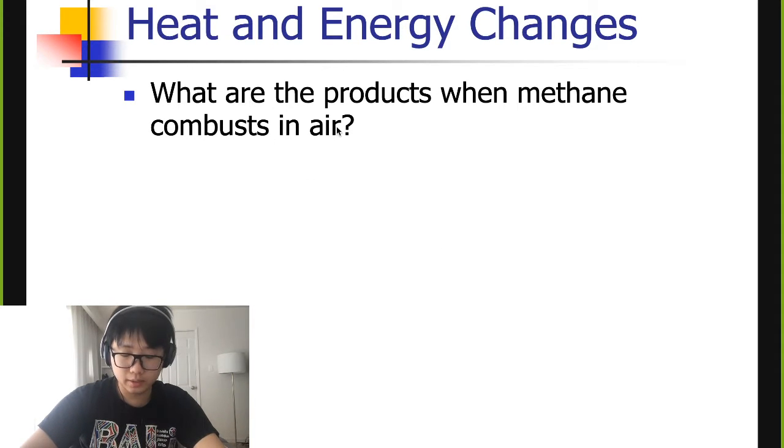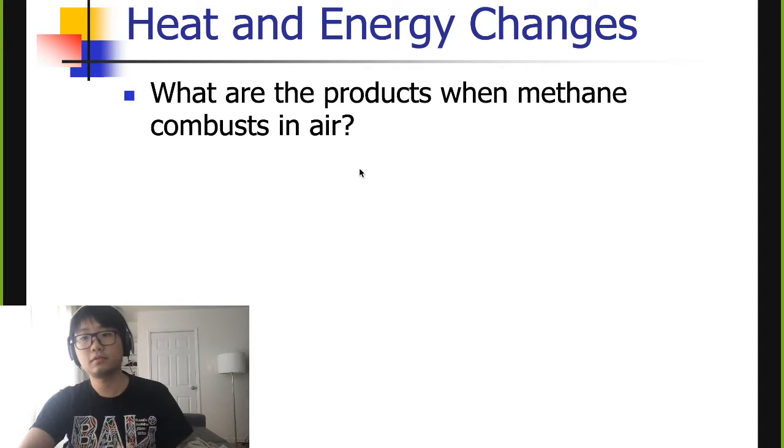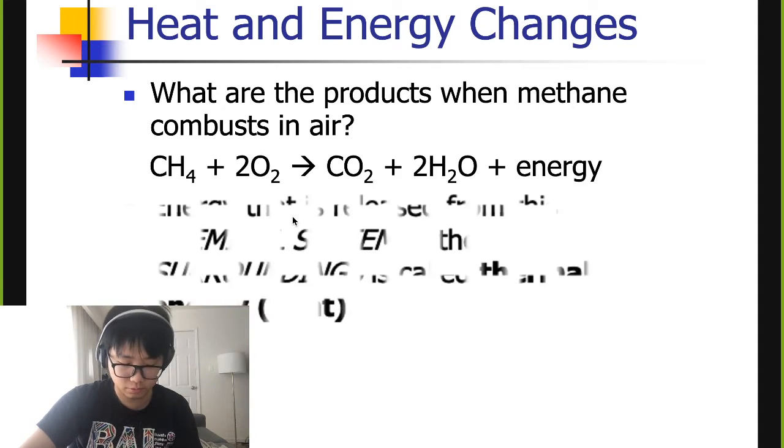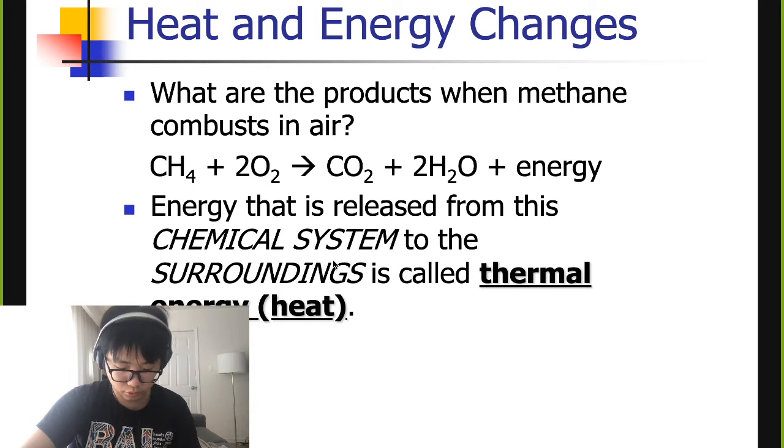So what are the products when methane combusts in air? Okay, you know that. We don't need to go through that, right? CH4 is going to react with what for combustion? Yeah, okay, no need to go through that. You know your combustion reactions. So energy that is released from this chemical system to the surroundings is called thermal energy.